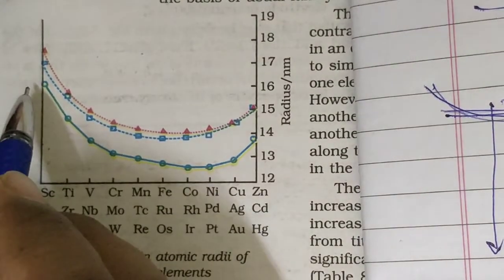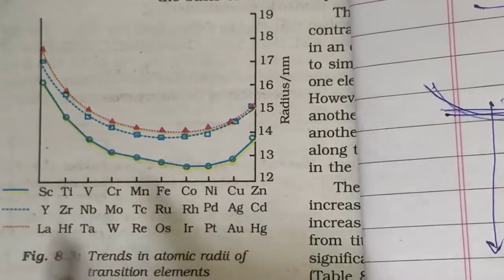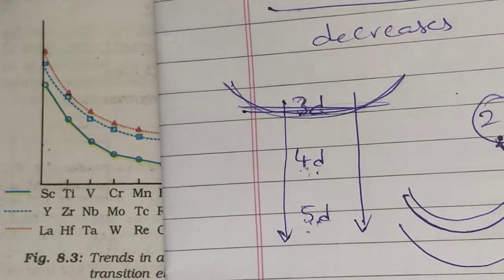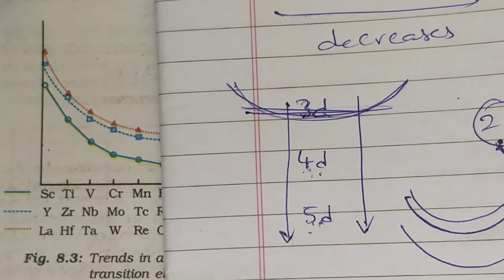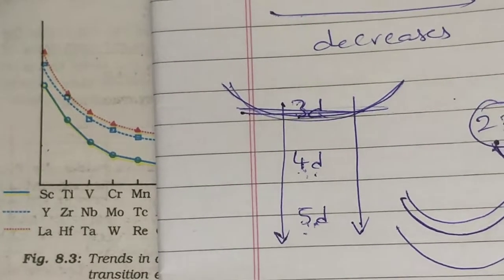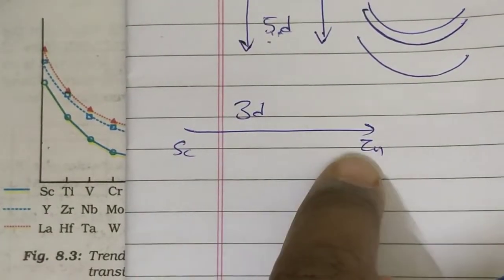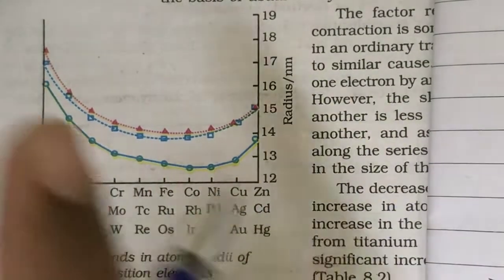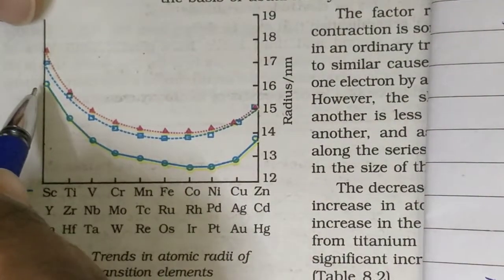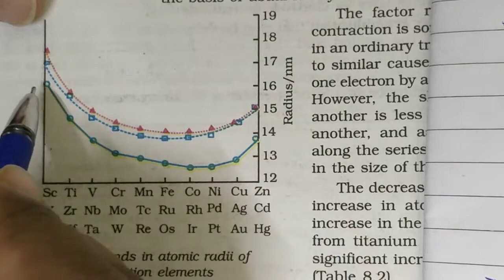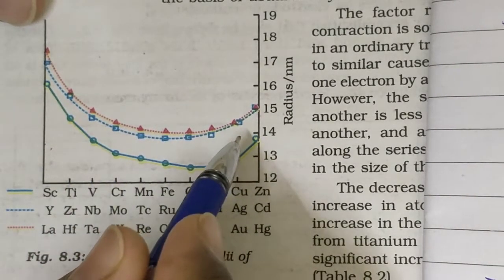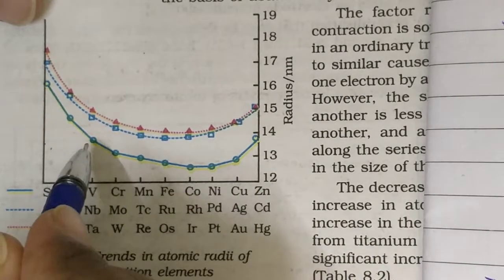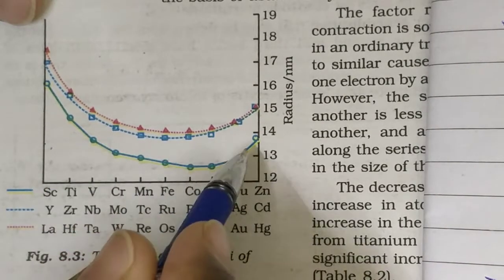Scandium. Concentrate on the 3D series now. 3D series left to right, scandium to zinc. See, scandium almost 16. Next, titanium 14. Vanadium less than 14.